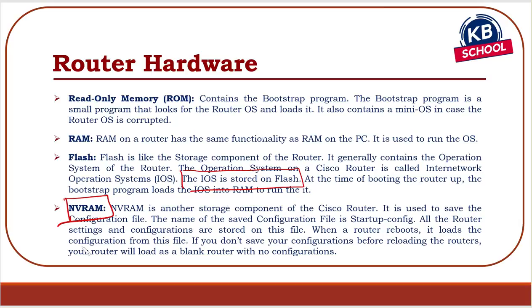The last component that we discussed was the NVRAM. What was the NVRAM used for? The NVRAM is used for the storage of your configuration file. What is the name of the configuration file? The configuration file name on a Cisco router is called the startup config. All right. When initially the router boots up, it will locate the startup config file in NVRAM.